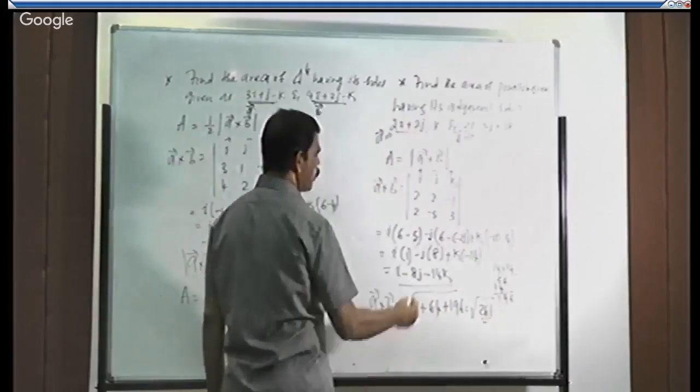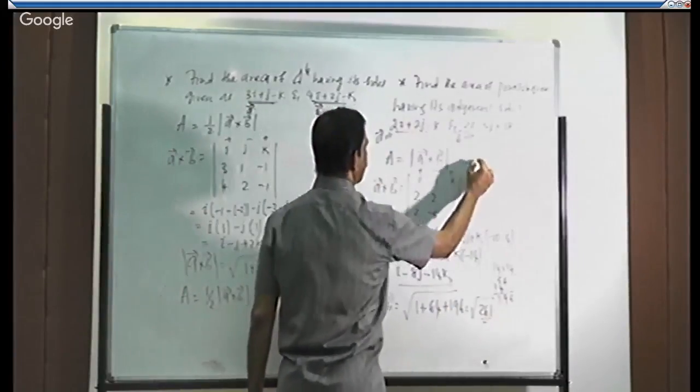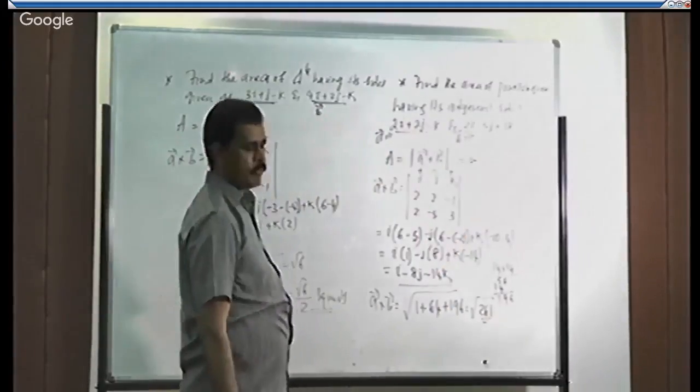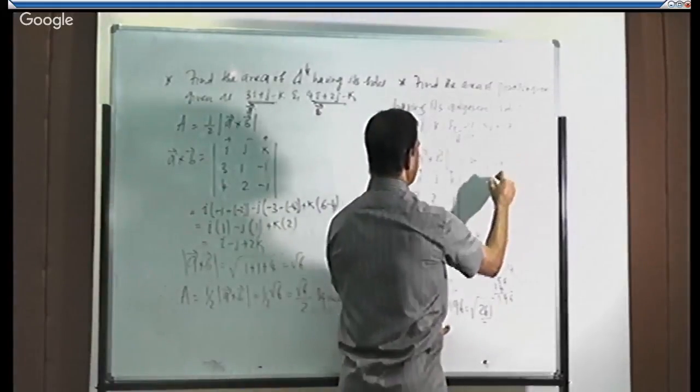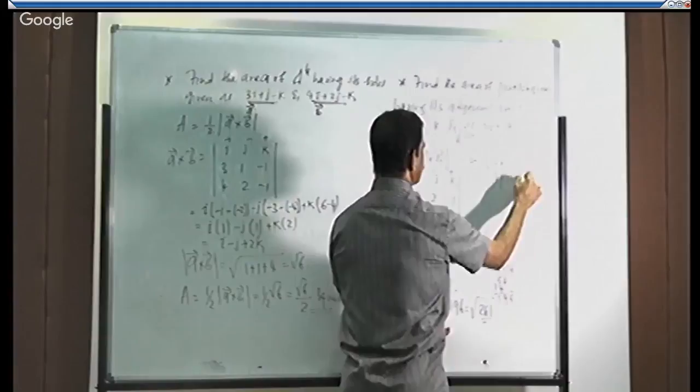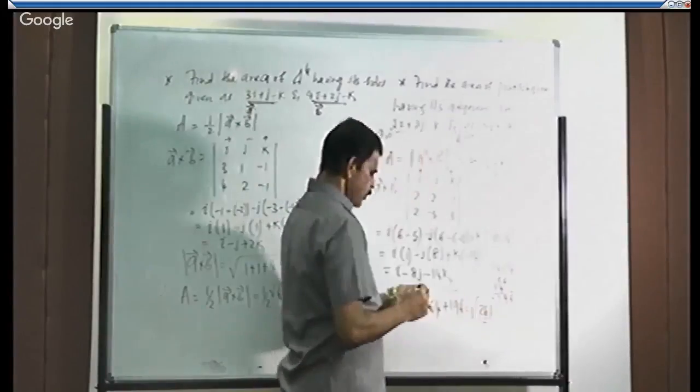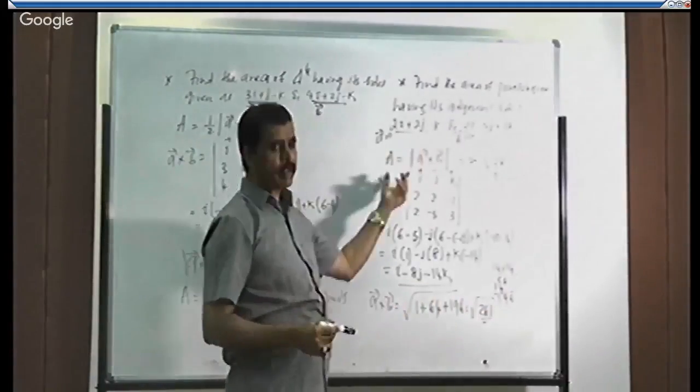So therefore, area of the parallelogram is equal to root of 261 square units.